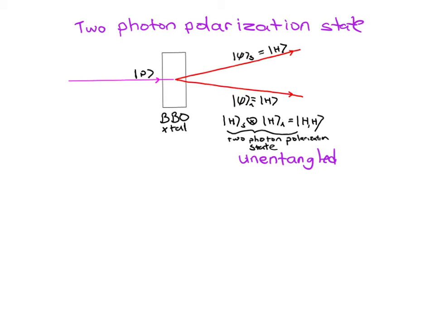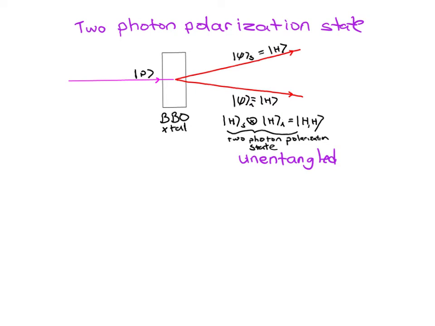And the way we do that, remember, is you have some nonlinear crystal, this BBO crystal, you send in an ultraviolet or near ultraviolet photon, and there's a process called spontaneous parametric downconversion that occasionally takes this 405 nanometer wavelength photon and generates a pair of infrared photons.